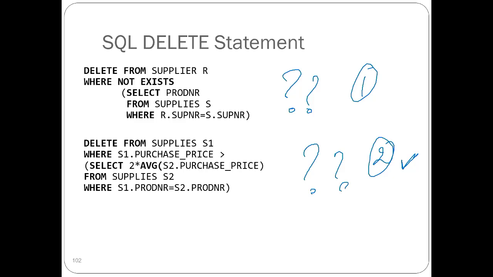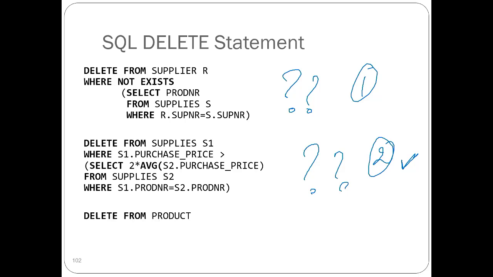That value we can obtain from the subquery. Select twice the average of S2 dot purchase price from supplies S2 where S1 dot product number is equal to S2 dot product number. All right, and these things you will have to decode, right? Like which table you have to join, how should you join so that you get the required information.